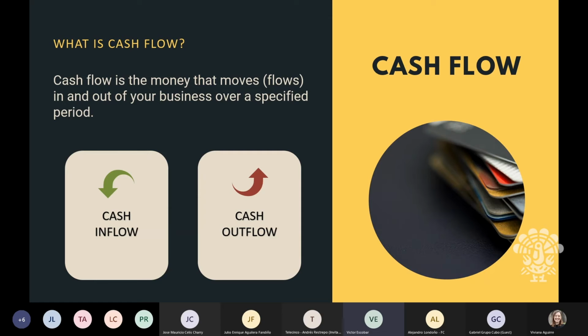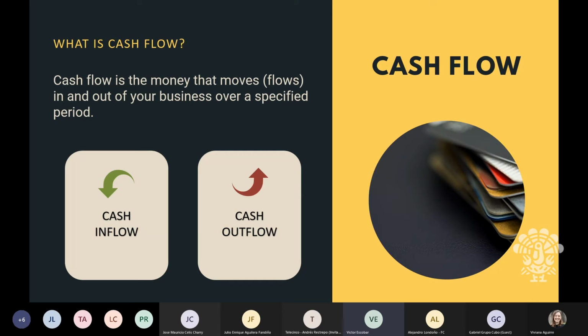So when you make a project and you let your client pay the invoice 30 days after you send it, or 60 days after, that belongs to the cash inflow. It doesn't matter if you have received that money yet, but you have invoices and a payment plan with your client that gets that cash into your company.